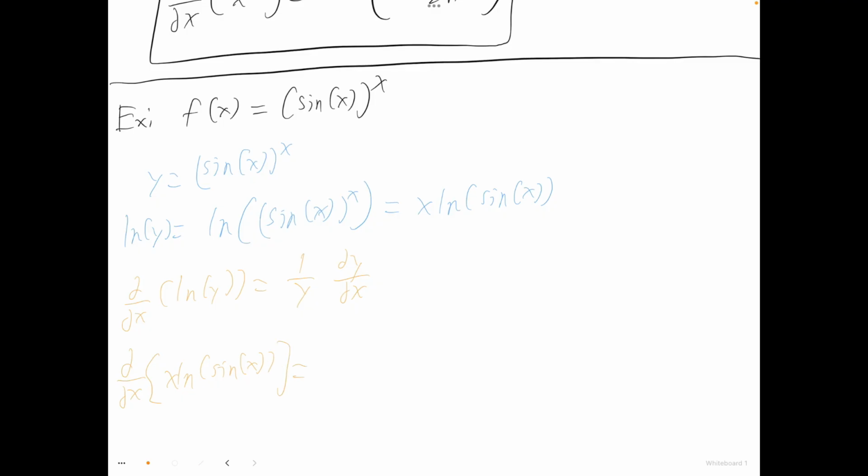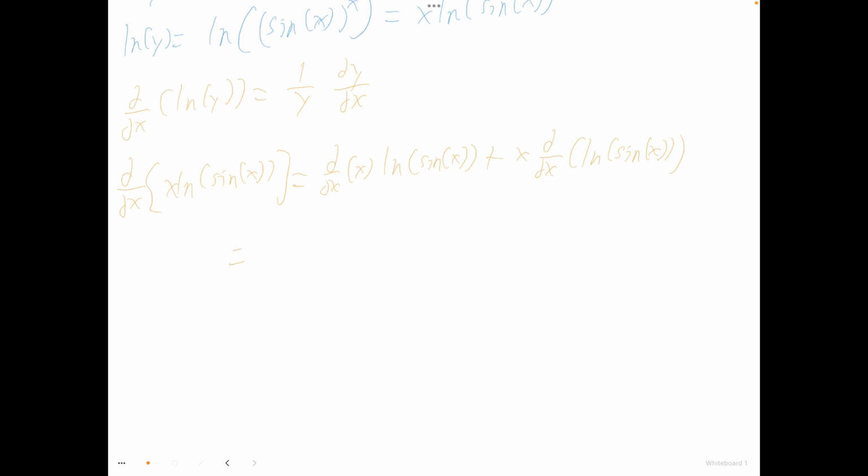So now computing this derivative, we're going to have the derivative of the first thing times the second thing plus the first thing times the derivative of ln of sine of x.